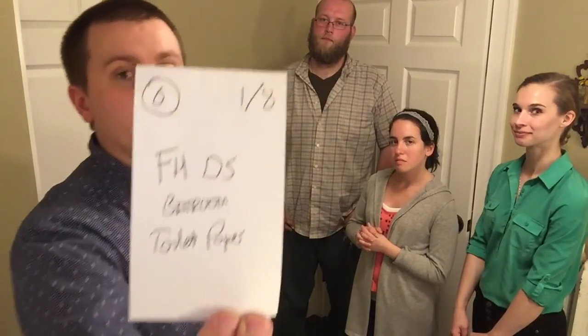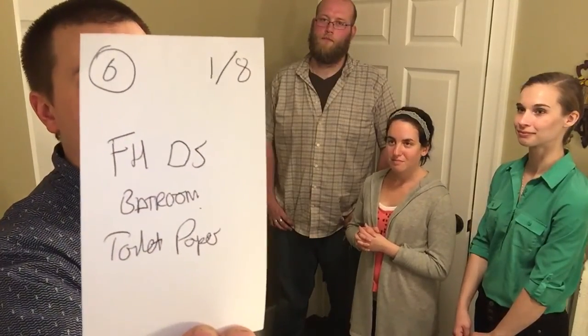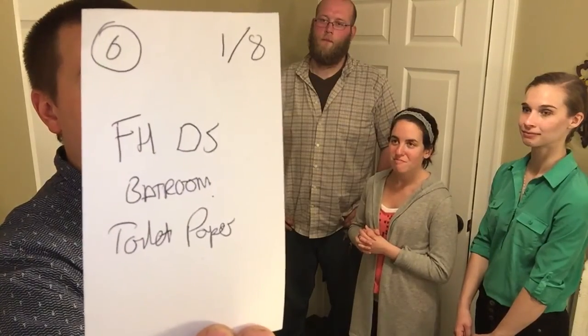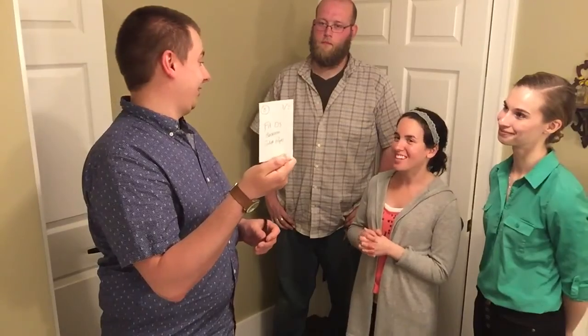So if you look at the card, it says 6 in the corner, and it says 1 of 8, and then it says farmhouse, downstairs bathroom, toilet paper. So 1 of 8 means there's 8 of these cards. And what I tried to explain to Maya and Nina, and now Mitch, is this is a toilet paper roll. Isn't that fun? Yeah.